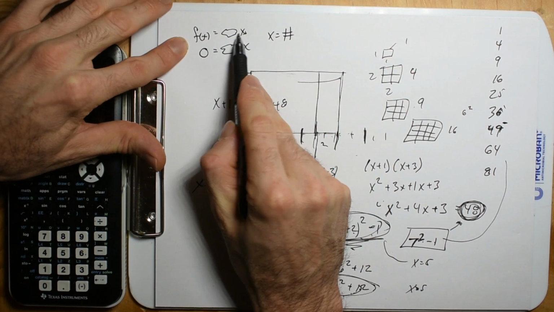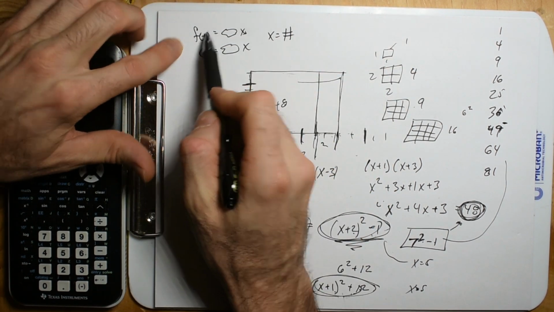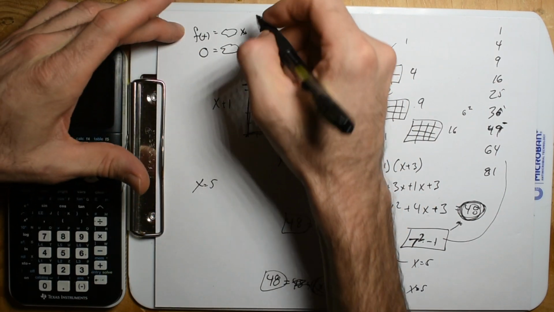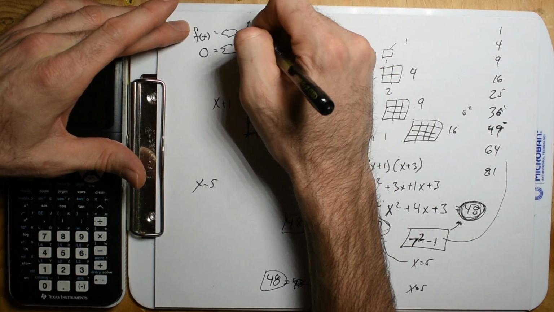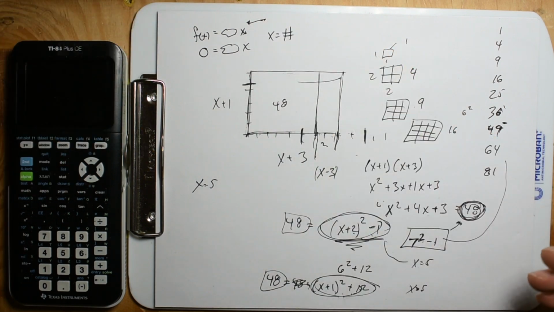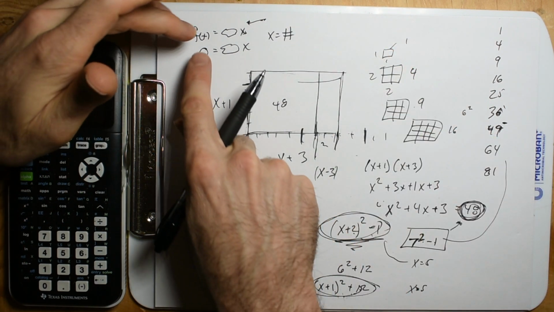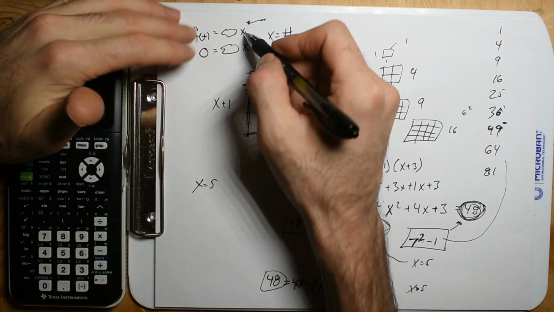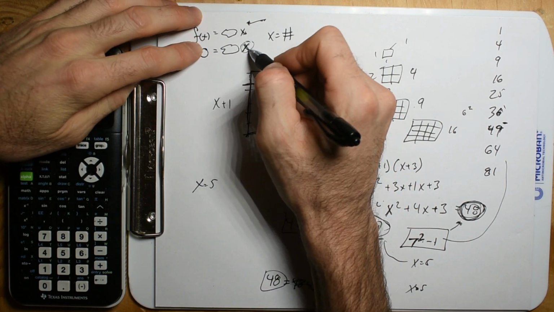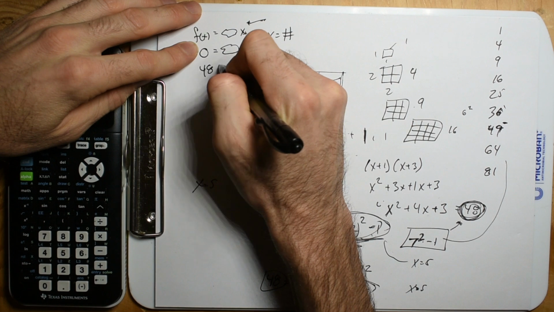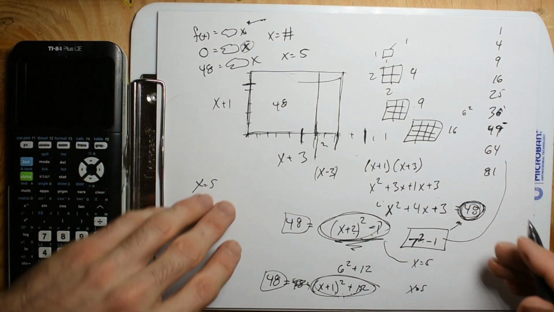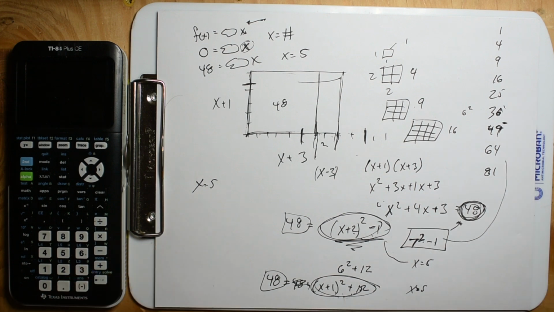In this side, x can be a range, and both of these sides can be positive to negative infinity because it's a polynomial. But the second we choose some sort of, in this case, area, then this side is locked in. So we chose 48 for this side, something something x. x had to be 5. So that's what we're doing there. Okay, hell yeah.